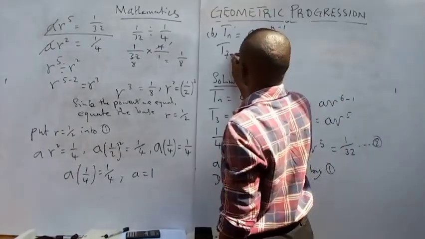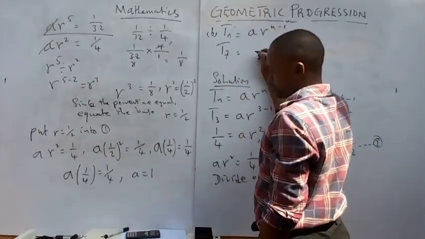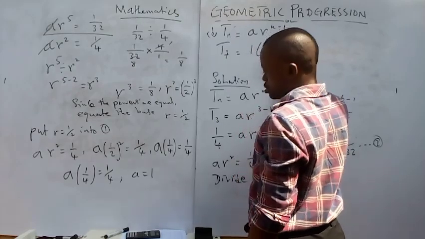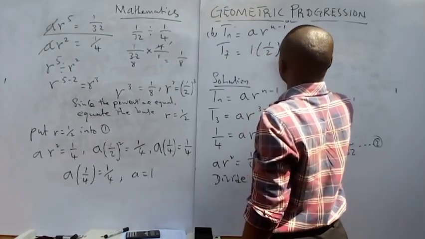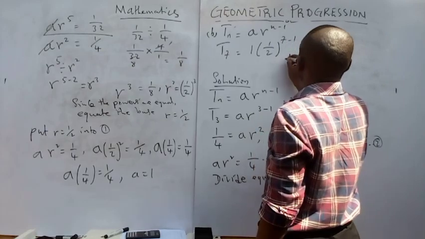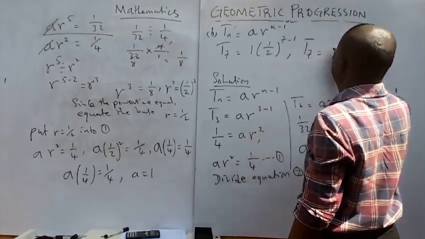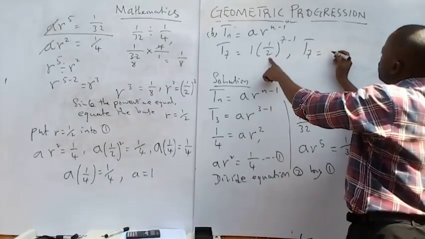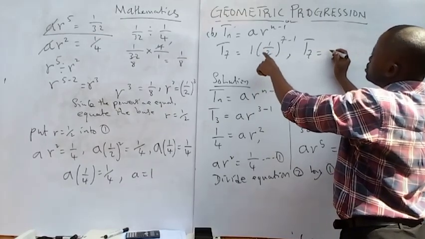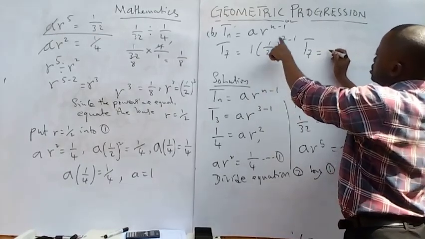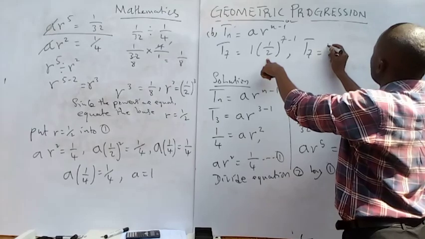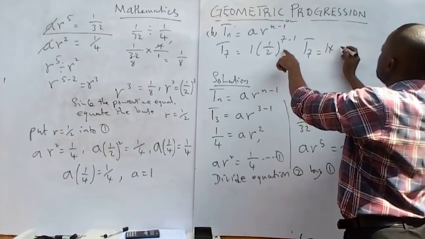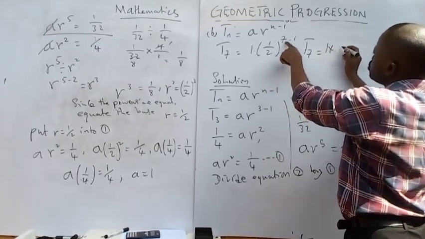That means T7 is equal to, our first term a is 1, common ratio is half, raised to power 7 minus 1. So it then means T7 is equal to 1 times, let's clear this power, 1 times 1 over 2 raised to power 6.